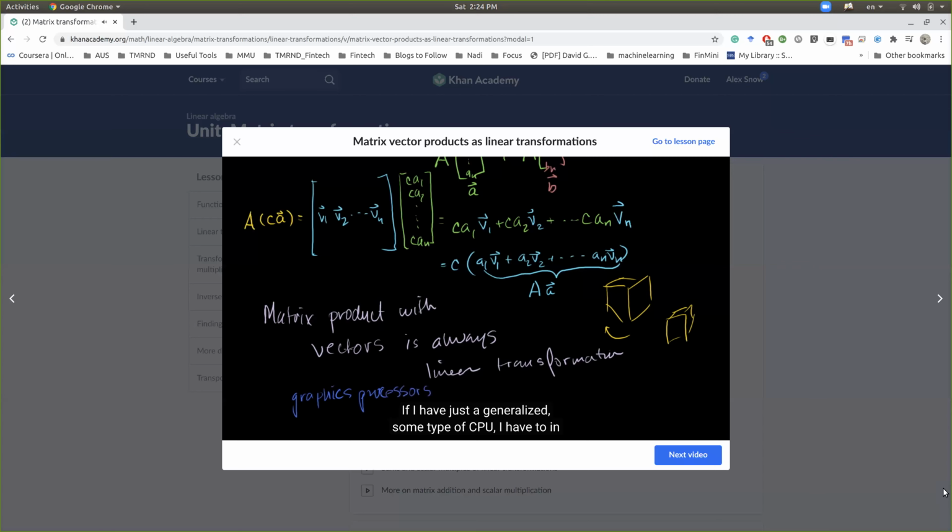If I have a generalized CPU, I have to write in software how to multiply matrices. But if I'm making an Xbox and 99% of what I'm doing is just rotating these abstract objects and displaying them in transformed ways, I should have a dedicated chip that's hardwired for multiplying matrices. And that's what those graphics processors or graphics engines really are.